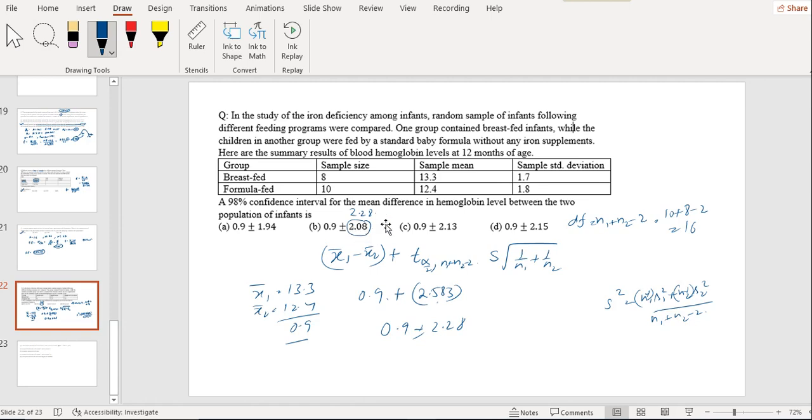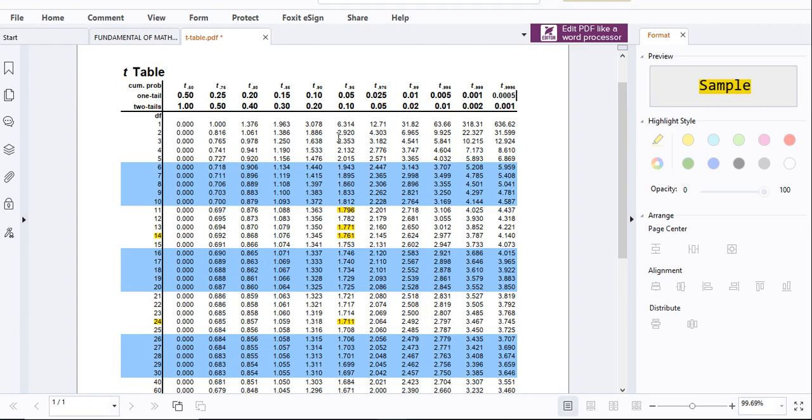Okay, so this is how we can calculate the confidence interval. 98% confidence interval means 1% from both sides, 1% from this side and 1% from this side, so total is 2% only. So in this case the tabulated value for 2% two tail means 1% from both sides.